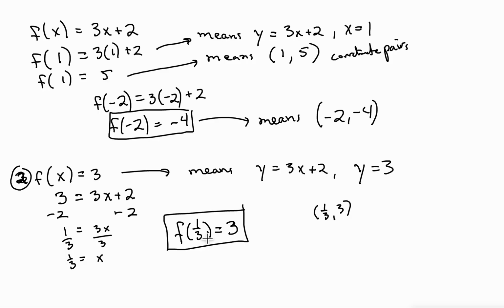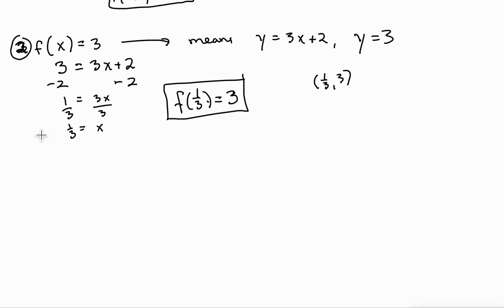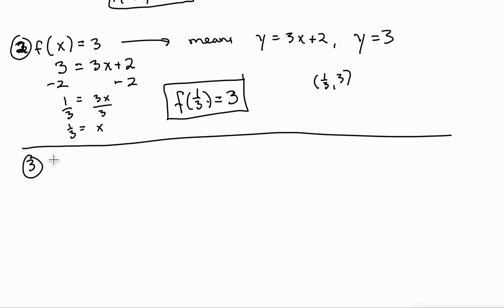All right, so now it gets a little bit more complicated. F of 0 versus f of x equals 0. So what does this mean then? Well, I like to start with this one because that's where the f of x was.